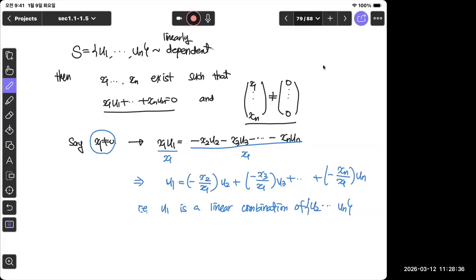So what is the assumption here? If I assume that the set of n vectors is linearly dependent, then some vector will be a linear combination of the others, right? So that's the one conclusion.